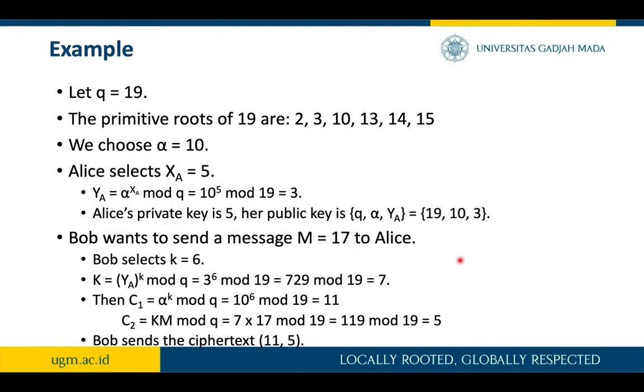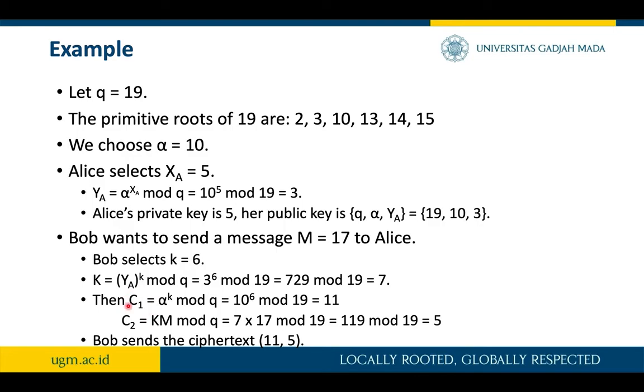Bob wants to send a message M, which is 17, to Alice. So Bob selects lowercase k, which is 6, a random number. Based on that, Bob calculates capital K, YA to the power of lowercase k modulo Q, which is 7. Then C1 can be calculated using this formula.